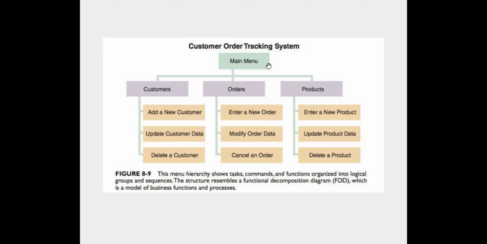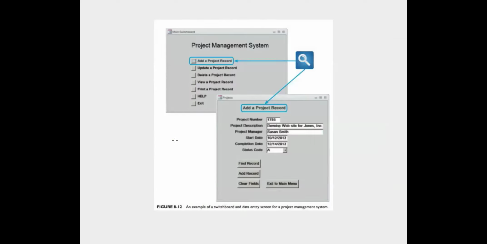You will first present the main menu. Then depending on what they want to do, you can do something related to customers, orders, or the products. And if you go to customers, then these are the operations the user can perform. So you see, that will be helpful for you when you are designing the structure.